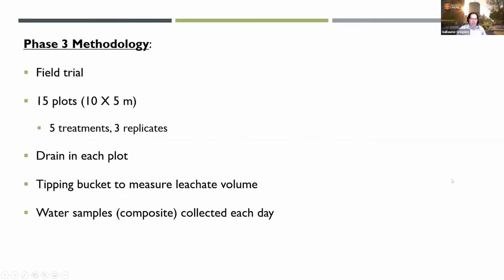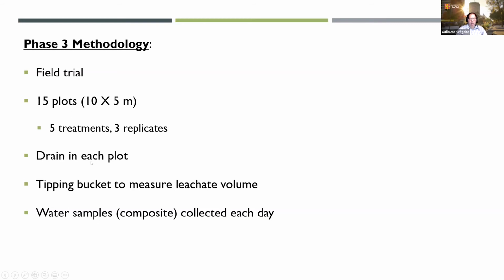So the next phase, which brings us to phase 3, is a field trial. Like I said, our local soil on campus is loam. So we took the best treatments from the loam greenhouse trial and tried them in the field. We had 15 plots, which are 10 meters by 5 meters. We tried 5 treatments, replicated 3 times in those 15 plots.